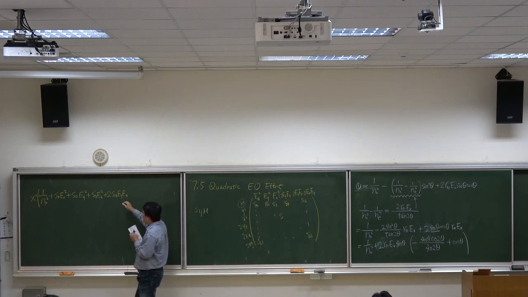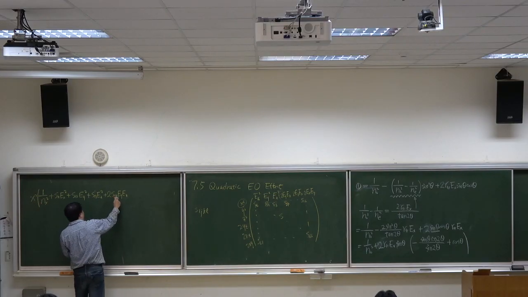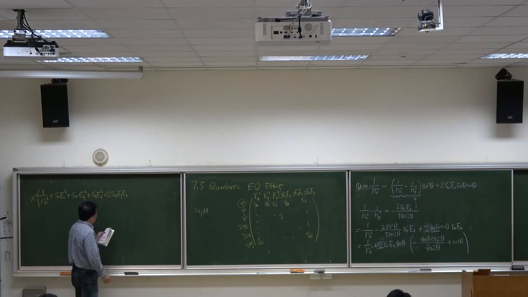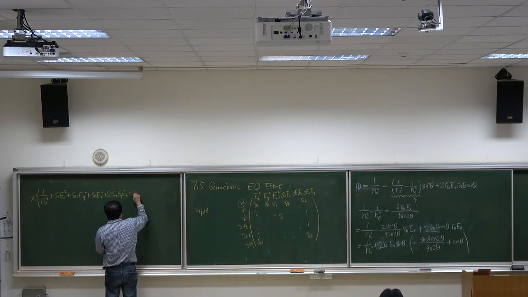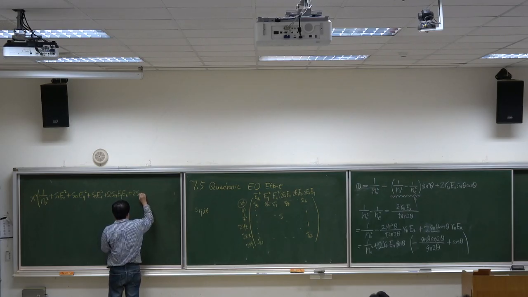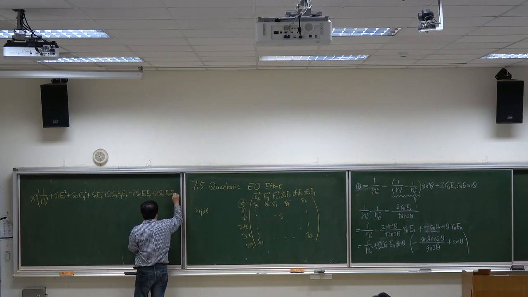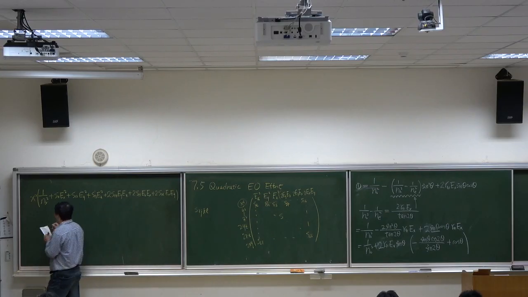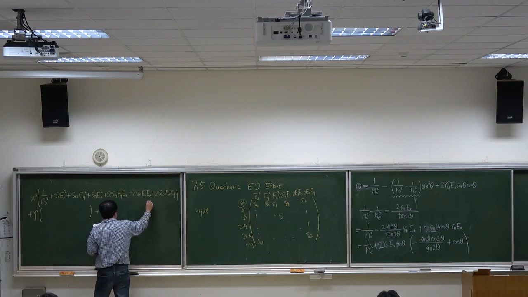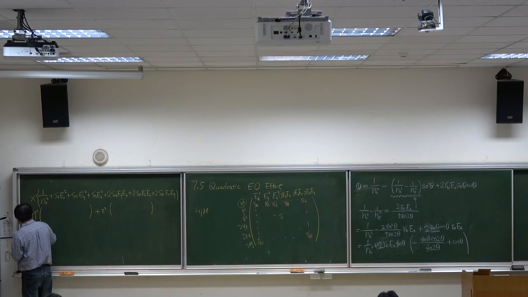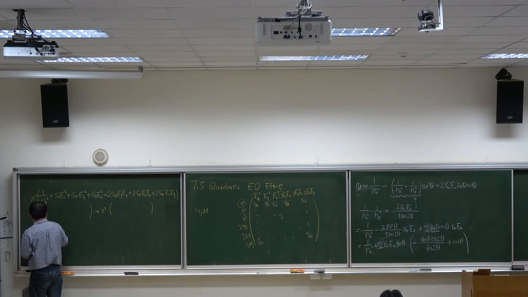This one indicates x squared, and this 4 corresponds to 2yz. And then plus 2 S15 EzEx plus 2 S16 ExEy. The y squared and z squared terms are similar.